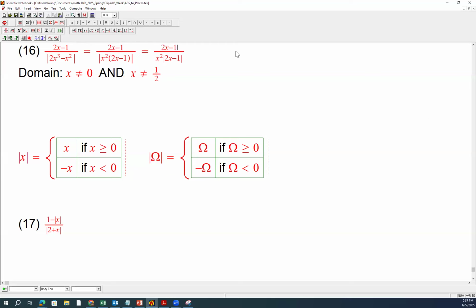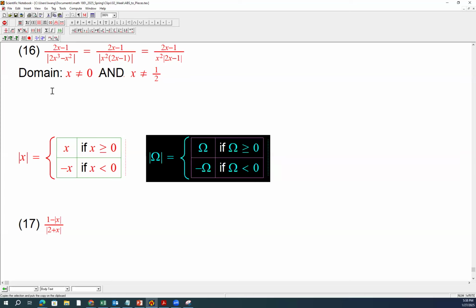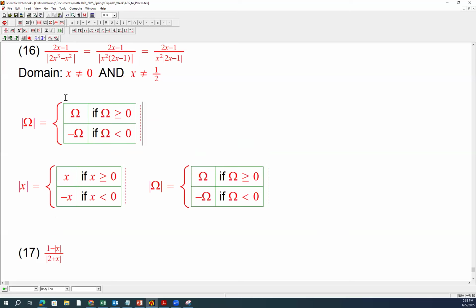Be careful. We cannot reduce these 2x minus 1, because one has absolute value and the other does not. So what are we going to do with 2x minus 1 in absolute value? Well, the same trick that we did previously.